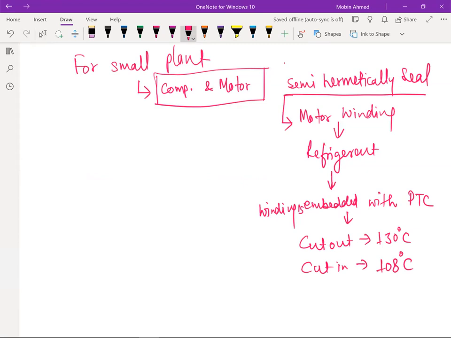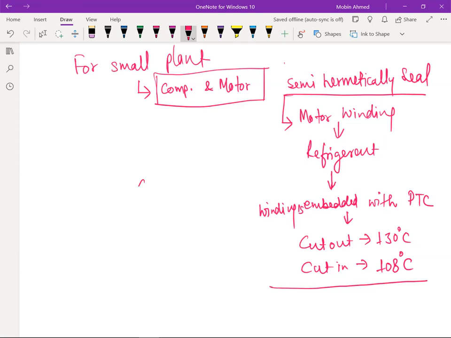That means if the temperature goes beyond 130 degrees centigrade, it will cut out. But when the temperature drops to 108 degrees centigrade, again it is going to cut in. Below this, of course, it is always going to be on. So this is how it is being protected.